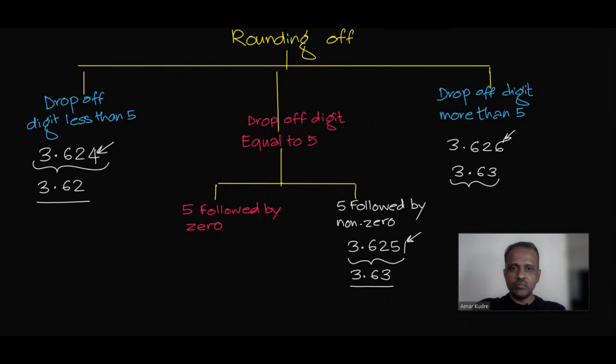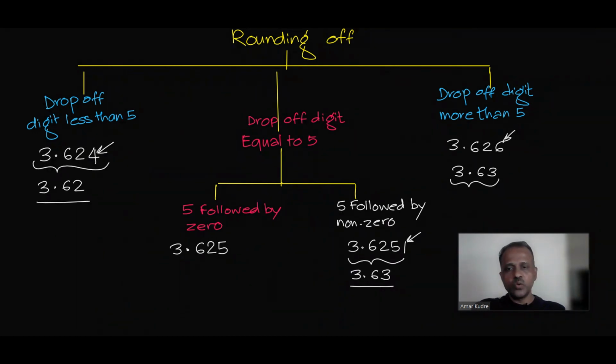Now the question comes over here. It is 3.625. There is no digit after 5, and we have to round this number to 2 decimal places. Then what is the rule? In this case we cannot go by the previous rule because there is no number after 5.